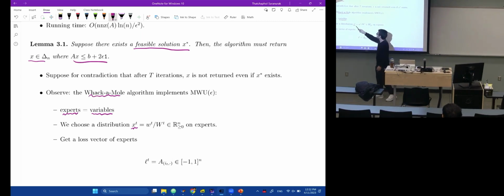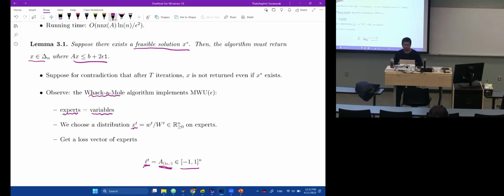If you think of this as a distribution on variables or on experts, what would be the loss vector that we get on each day? Claim that the loss vector can just look like the i_t-th row of A, which is just a vector between -1 and 1.